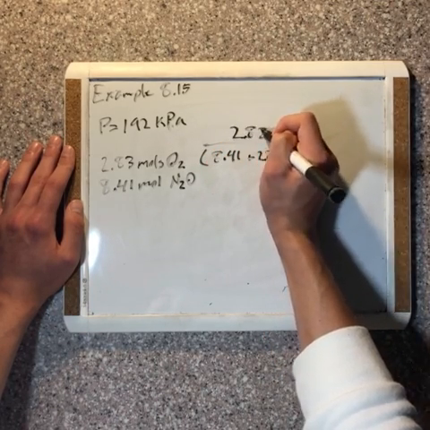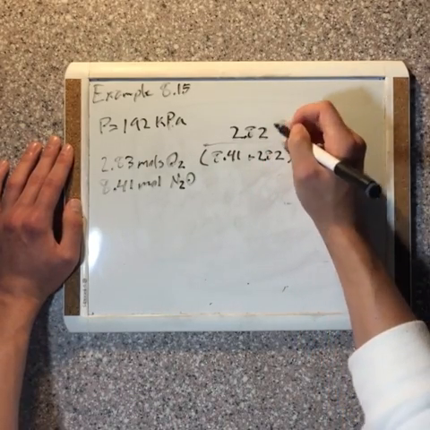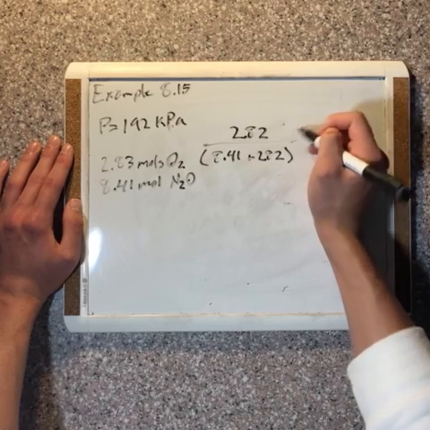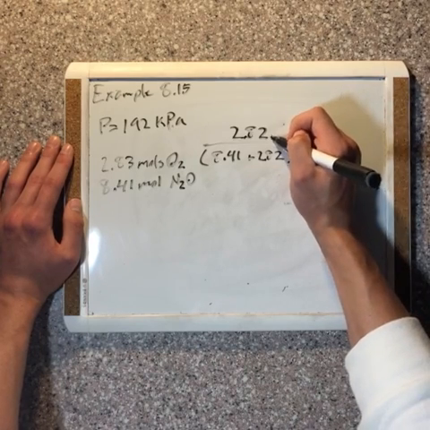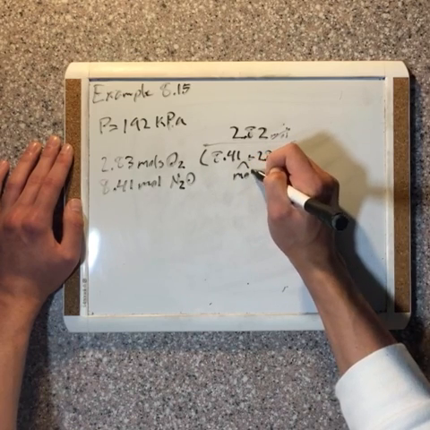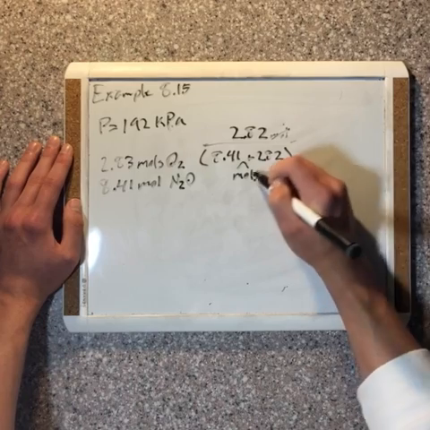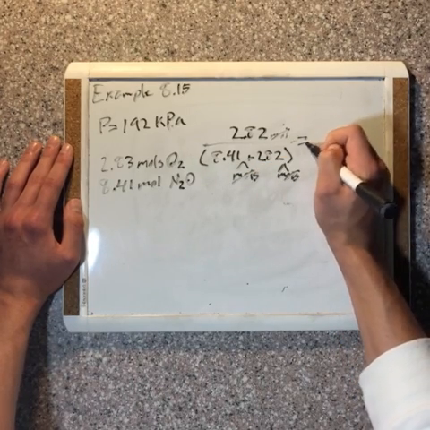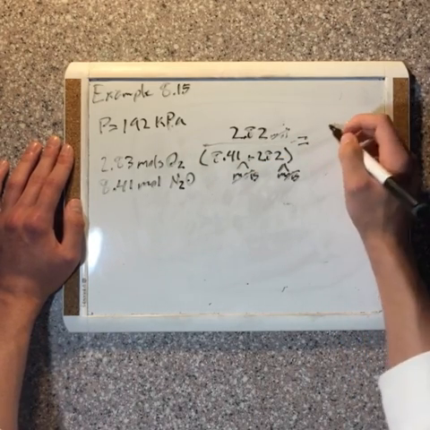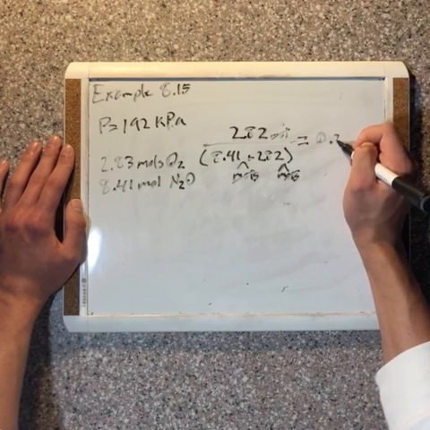So that is going to give you a decimal, no units, because everything's in moles, and the moles cancel each other out. So because everything is in moles, all the units cancel and we just end up with a number. Right? For this first one, that's going to be 0.252.